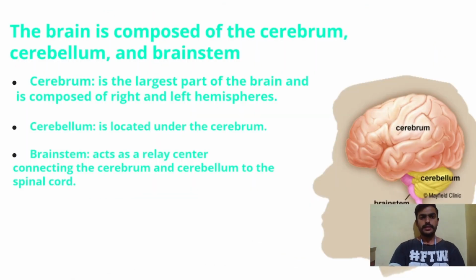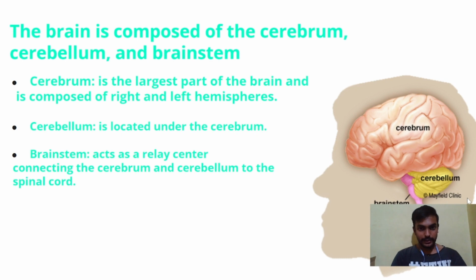The brain is composed of the cerebrum, cerebellum and brainstem. Cerebrum. It is the largest part of the brain and it is composed of the right and left hemispheres. It means the cerebrum is occupied by both the left and right hemispheres of the brain. Cerebellum.